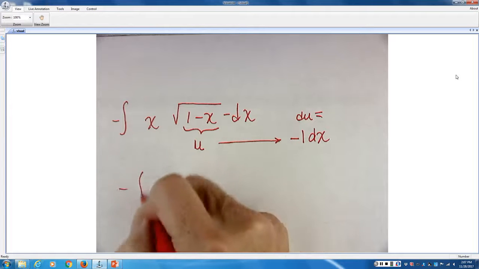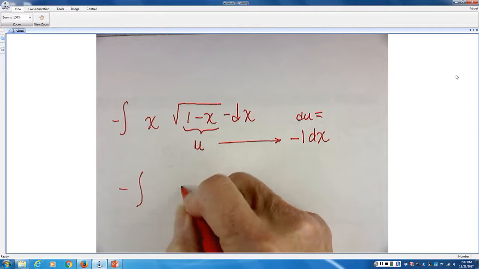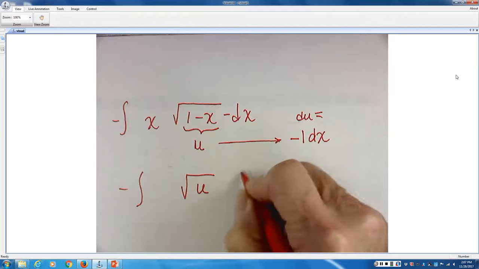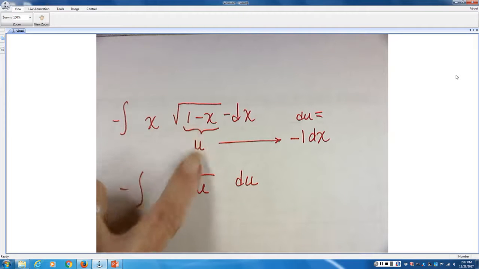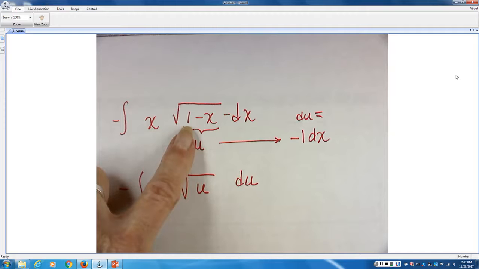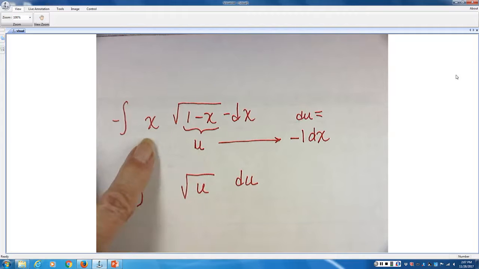So we're saying, okay, we've converted this to where this is the integral of the square root of u, and we have du with the dx. If 1 minus x is u, then what's x in terms of u? Say it again. 1 minus. Yes, x could be 1 minus u.